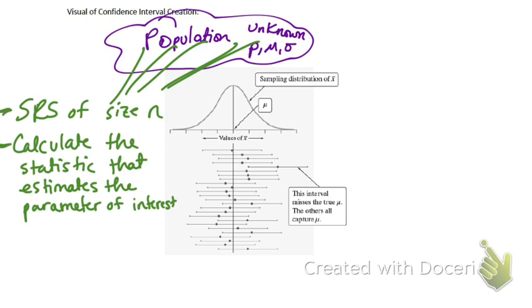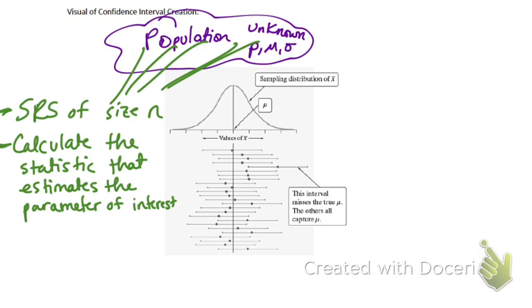You take a simple random sample of some size out of the population, and if you want to know some parameter P, then you're going to calculate a P hat of your sample. If you want to know something about a mean of the population, then you're going to calculate an X bar from the sample.